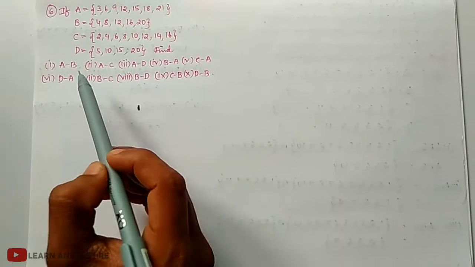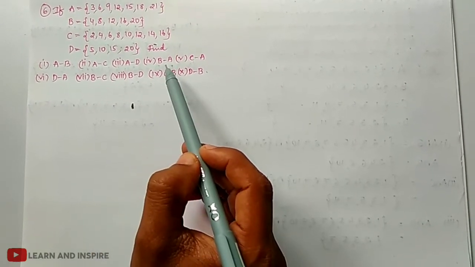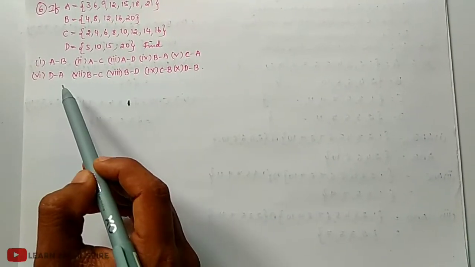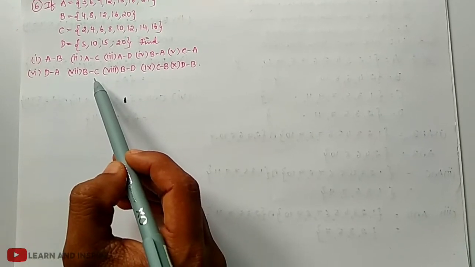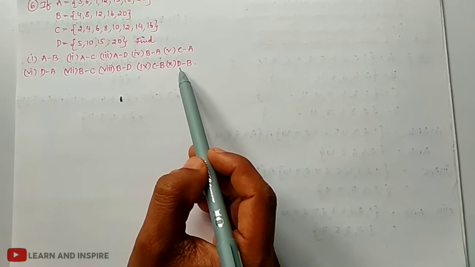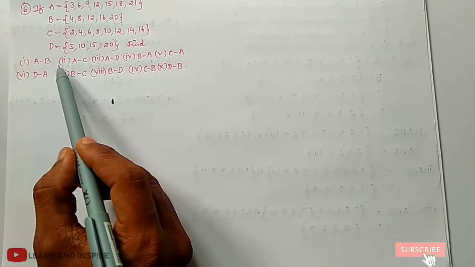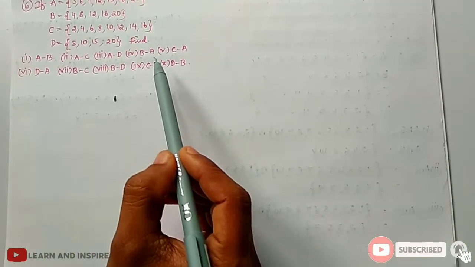Now find A minus B, A minus C, A minus D, B minus A, C minus A, D minus A, B minus C, B minus D, C minus B and D minus B. So all these are from difference of sets. You can see the minus symbol in all the 10 problems. That means difference of sets.